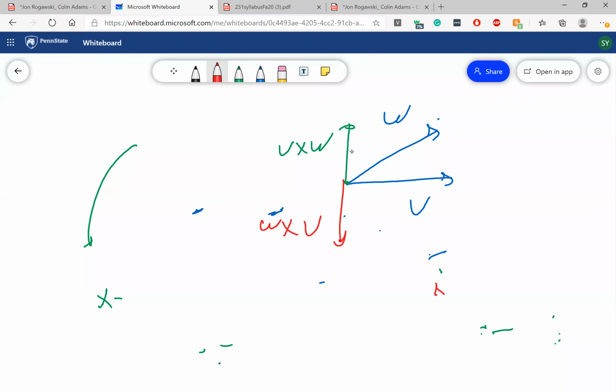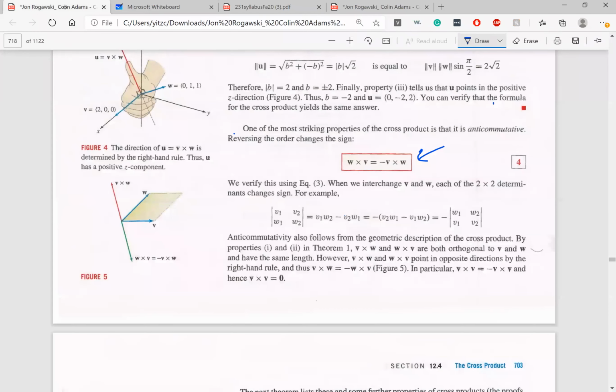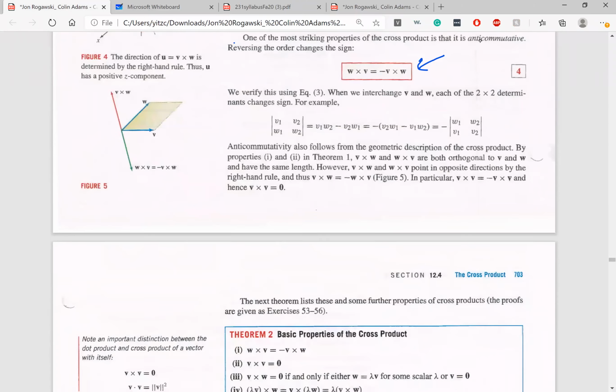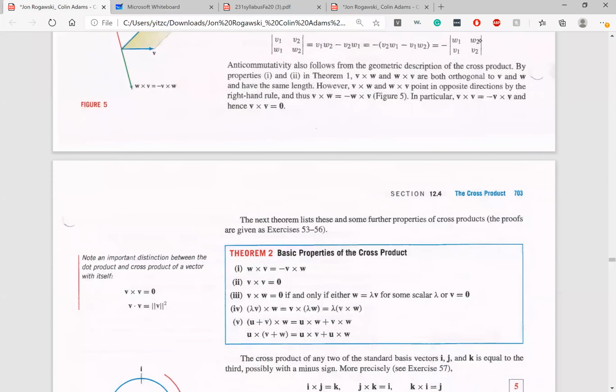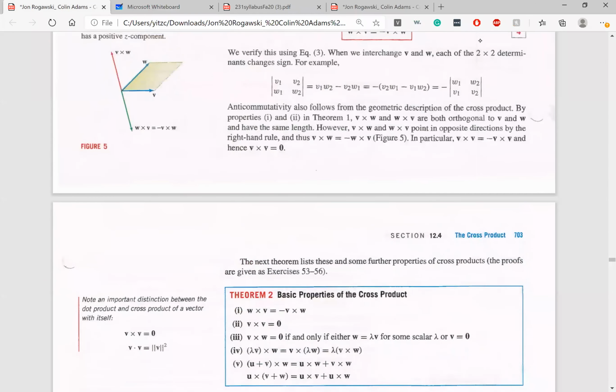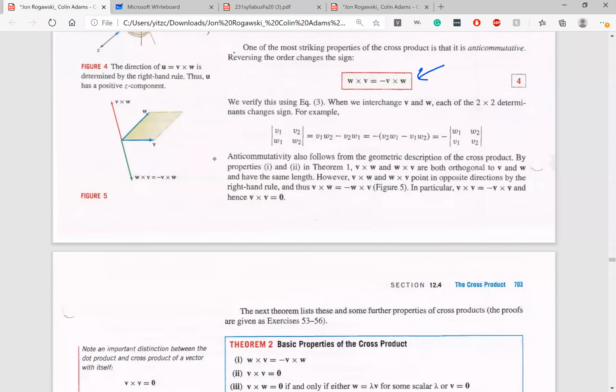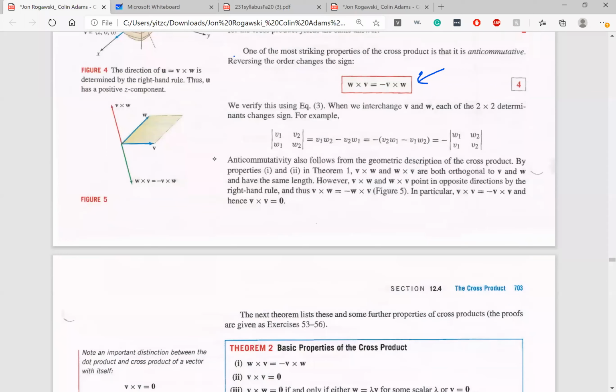But this is just the opposite vector of this, and this tells us that V cross W is equal to negative W cross V. Okay.